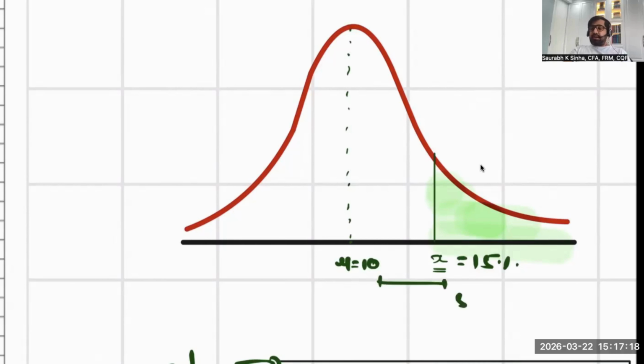What is the distance? 5%. But 5% is the distance from the mean, not in terms of standard deviation. What is the standard deviation? 2%. So 5 upon 2 is 2.5. So 15% is 2.5 standard deviations away from the mean. So the Z score is 2.5.